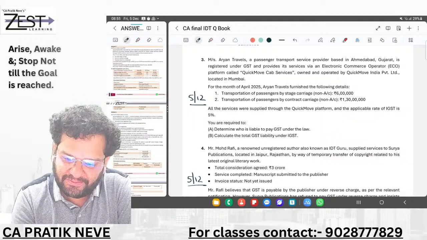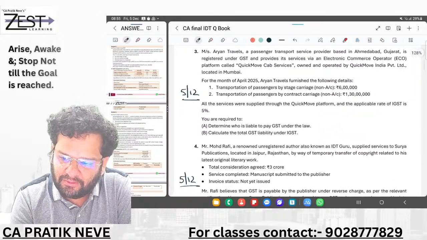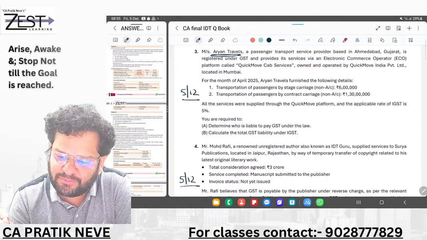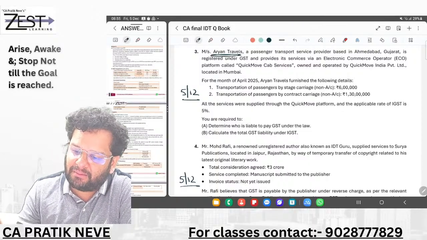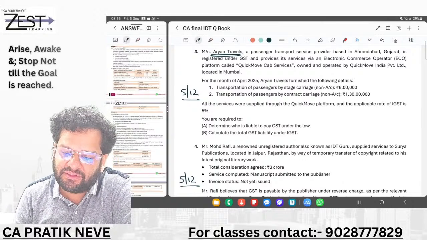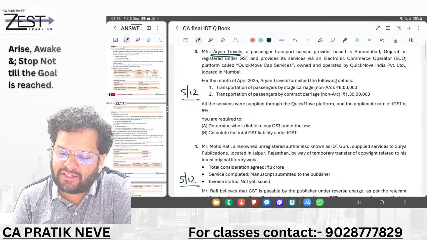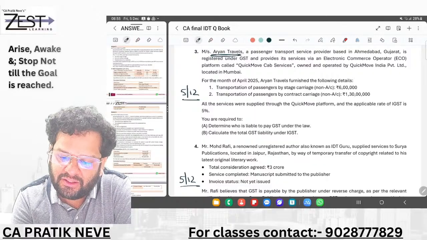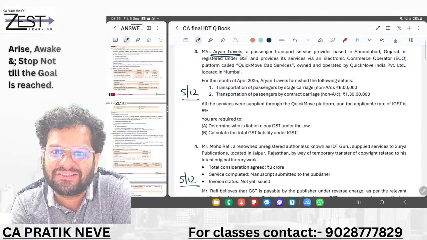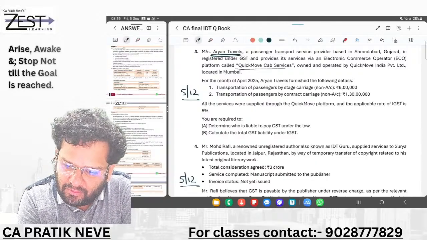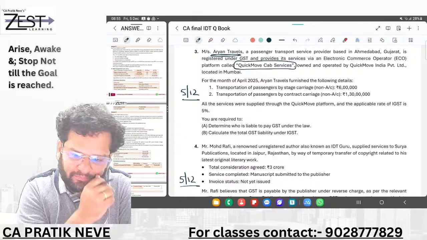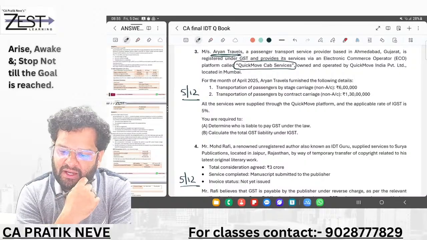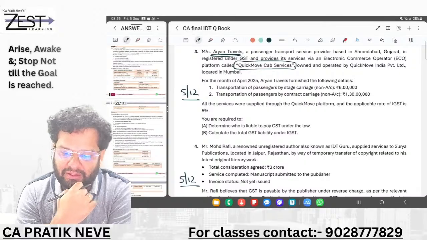Messrs. Aryan Travels, passenger transport service provider based in Ahmedabad, Gujarat, is registered under GST and provides its service via ECO platform called Quick Move Cab Service, owned and operated by Quick Move India Private Limited, located in Mumbai.